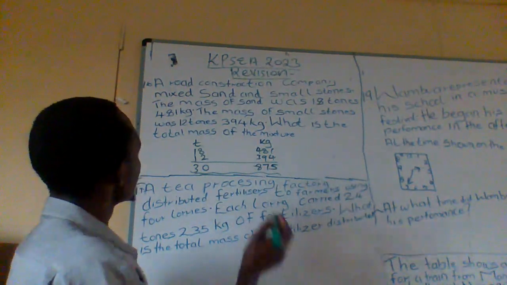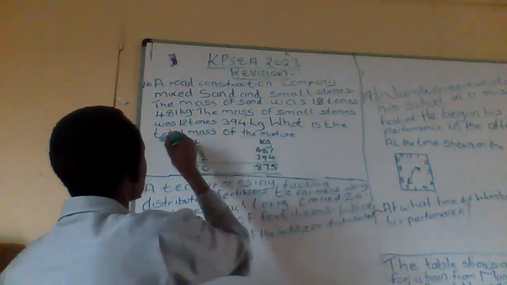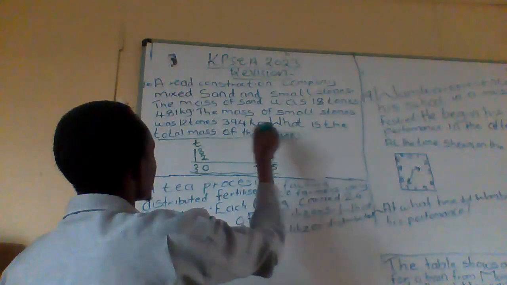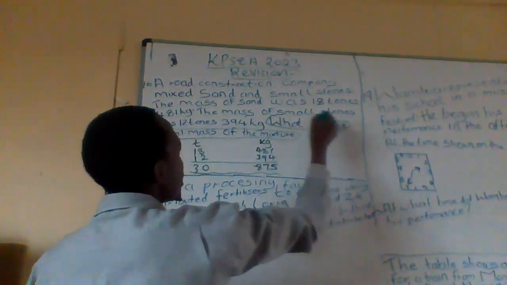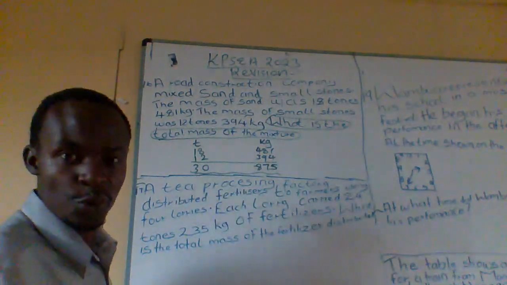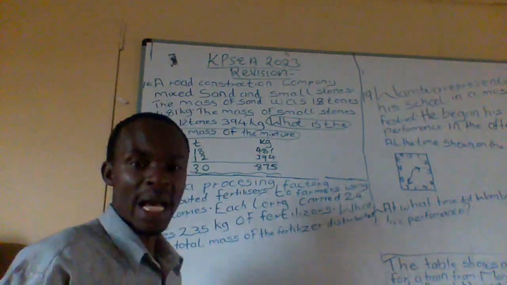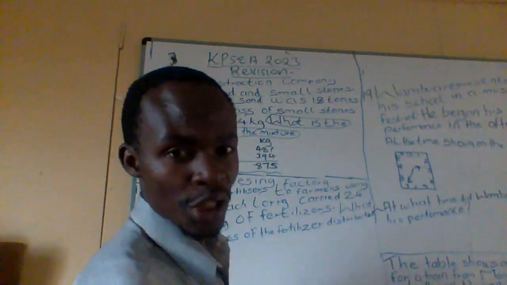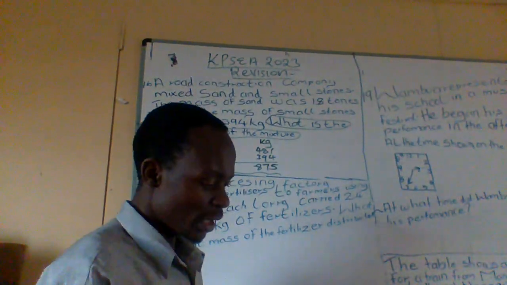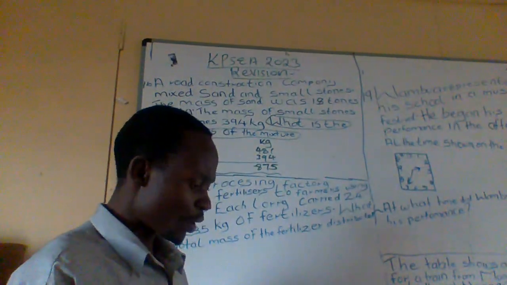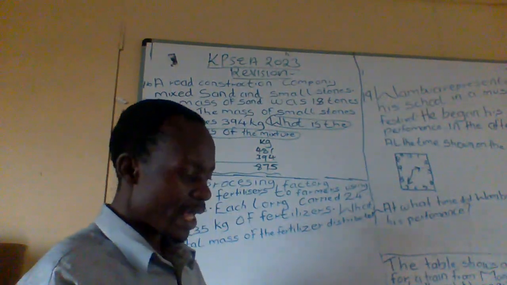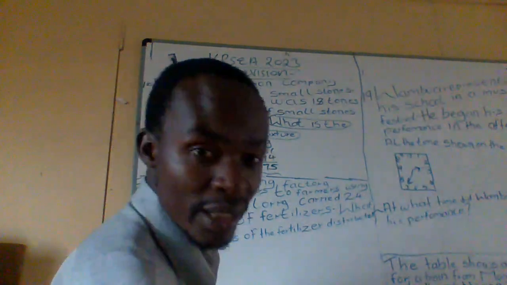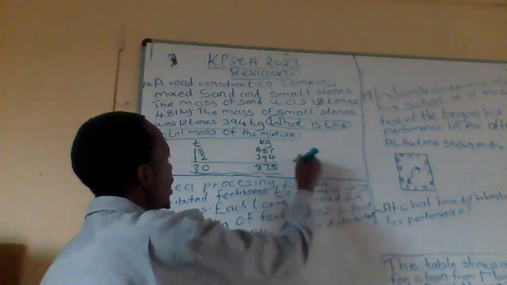And now the question says, what is the total mass? This is the part that should give us the clue of what we are supposed to do. What is the total mass? And now when you check on the question, you will find out that question 16, the answer is A. The answer is A.